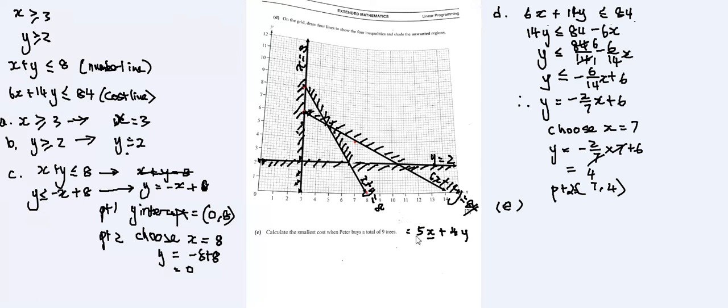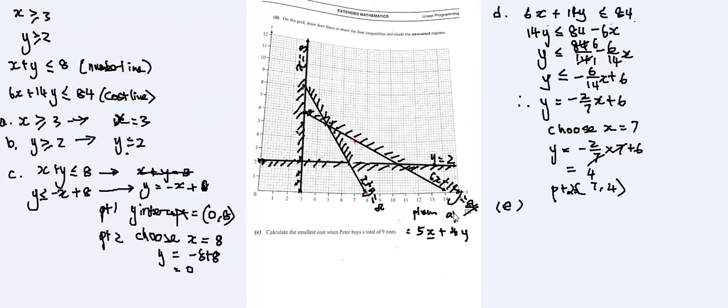The palm tree is cheaper, so we want to increase the number of palm trees, X, and decrease the number of apple trees, Y. So look at this region here. What you have to find is 6 and 3, 5 and 4.